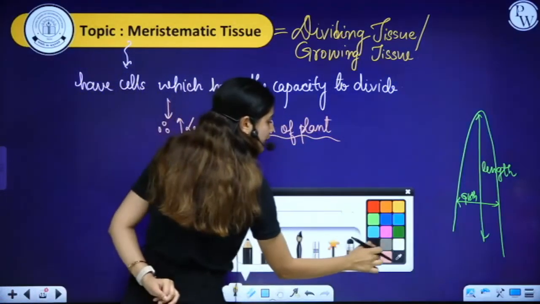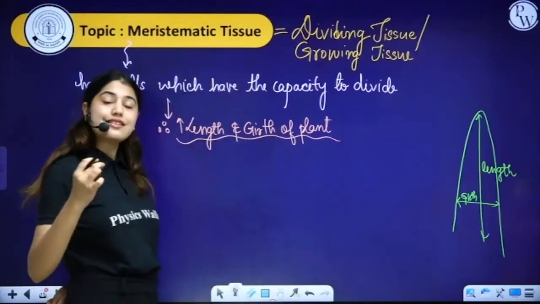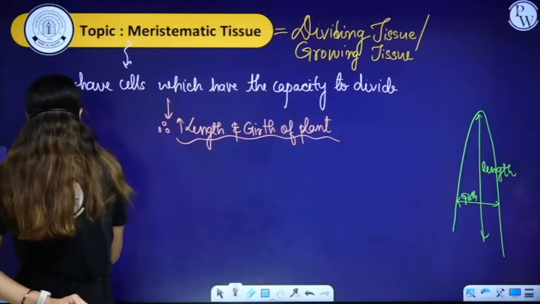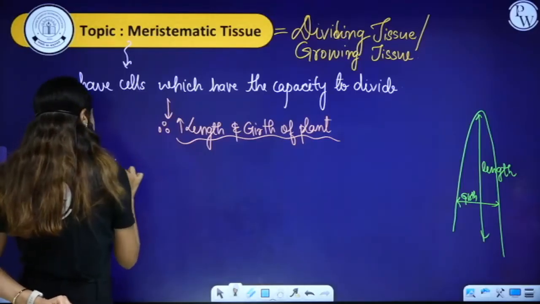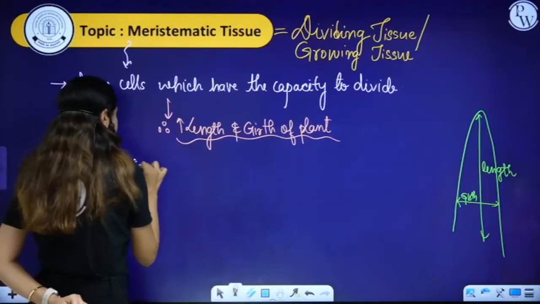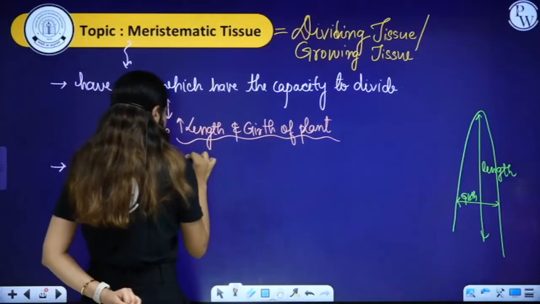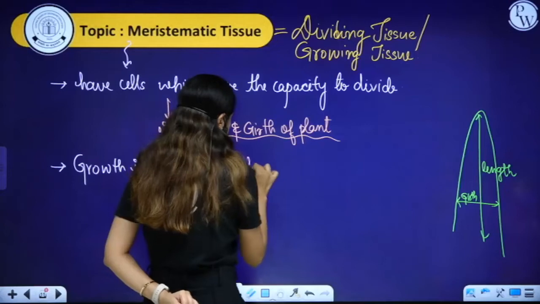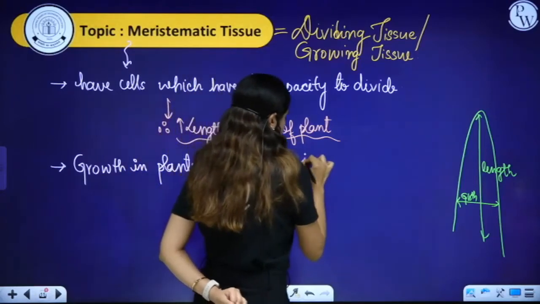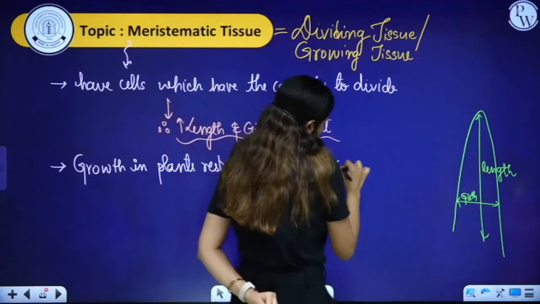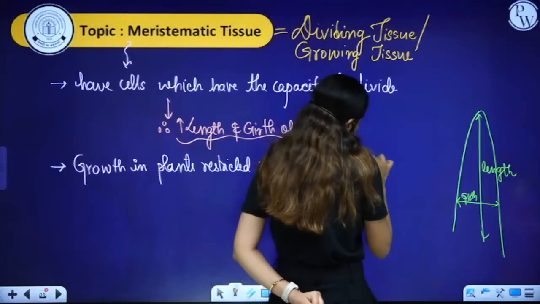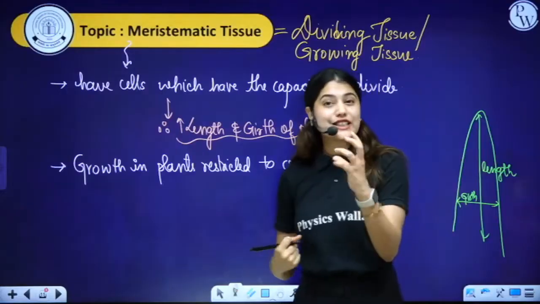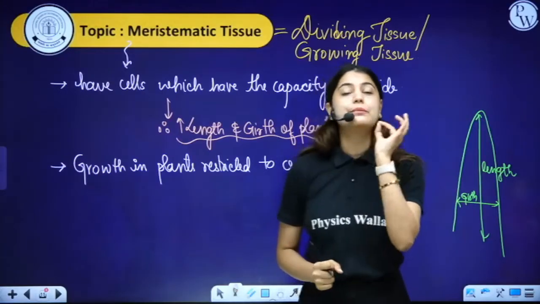Also, I told you that the growth only takes place in the restricted regions, right? Growth in the plants is restricted to only certain regions. And those regions where the growth is taking place only at the specific region can be called meristems.